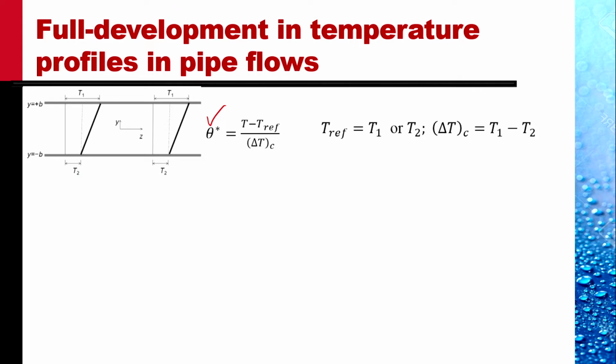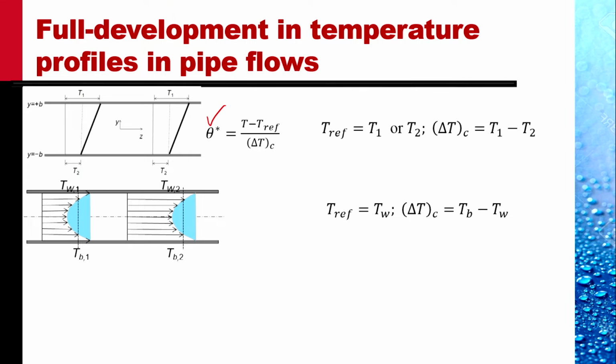For two parallel plates with two different temperatures T1 and T2, we can choose T reference to be T1 or T2, and the characteristic temperature difference is T1 minus T2. And if we do this, we'll get an invariant normalized temperature difference profile.